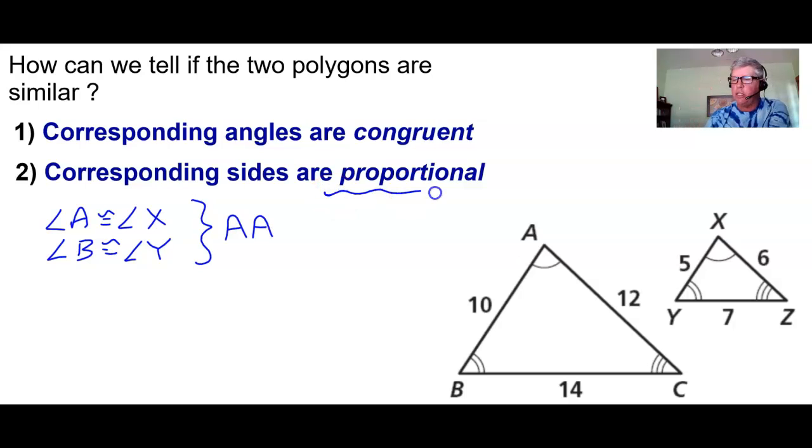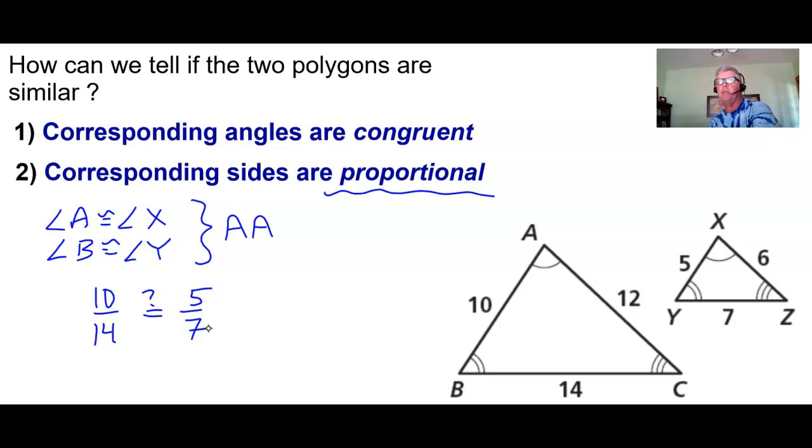When we say the sides are proportional, we're saying that if I take two sides of this triangle and compare them to the corresponding sides on the other triangle, we get the same thing. Let's take the shortest and the longest side. 10 over 14. Does that equal the shortest over the longest here, 5 over 7?